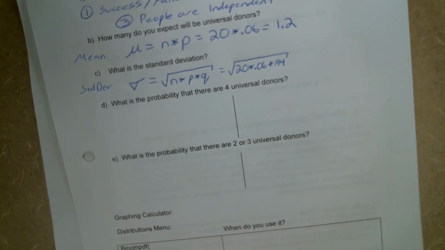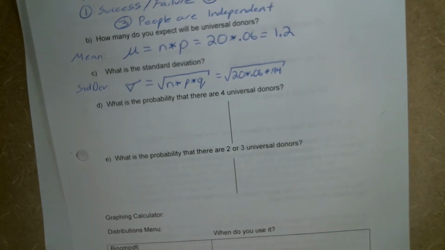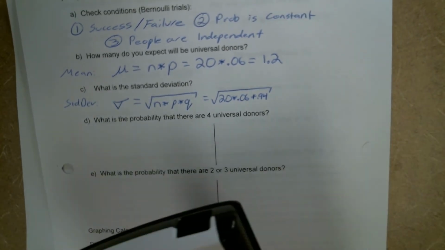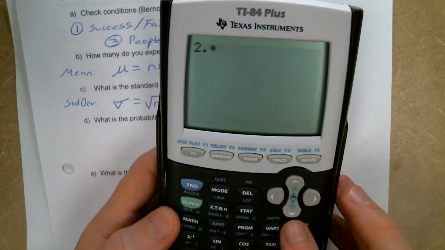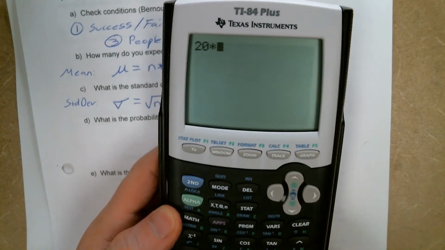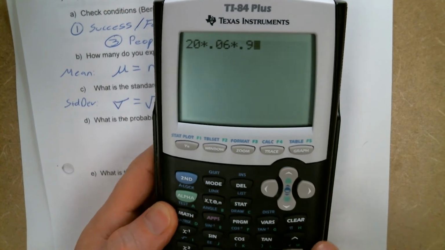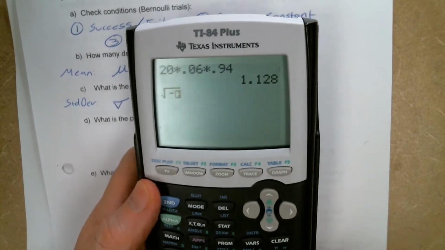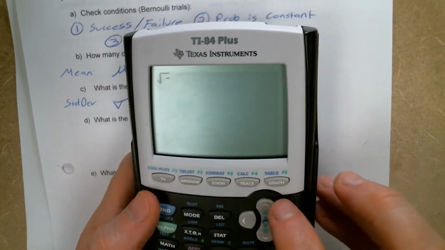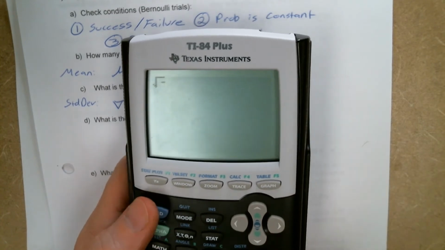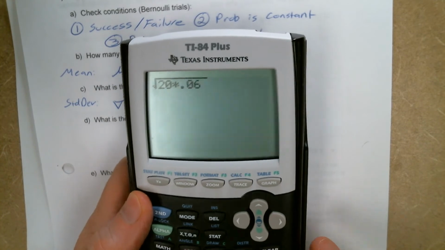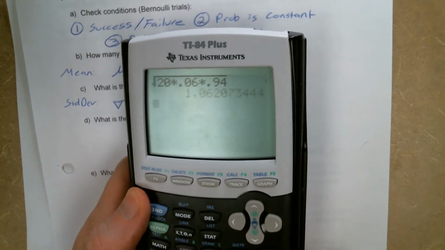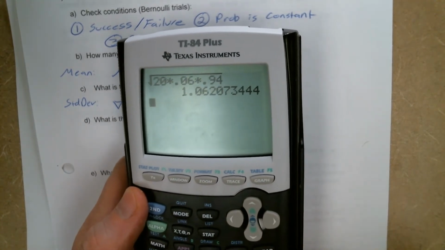And we get all 3 of those, we can multiply them together on our calculator. So 20 times 0.06 times 0.94. Take the square root of that. Type it in correctly: 20 times 0.06 times 0.94 and get 1.06 roughly.